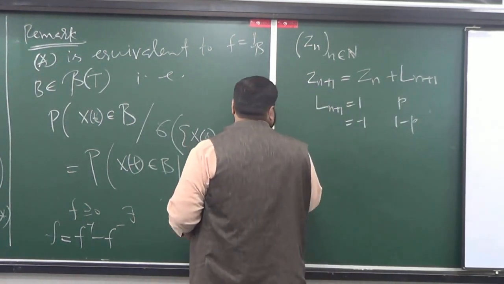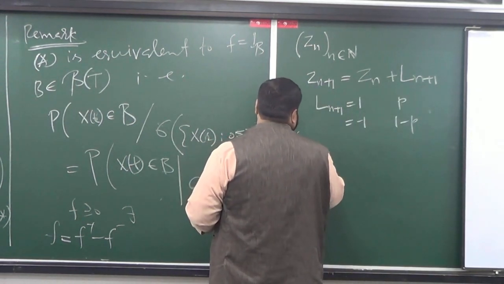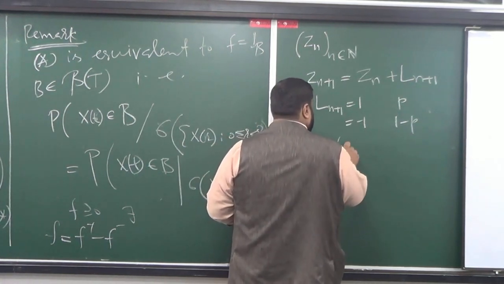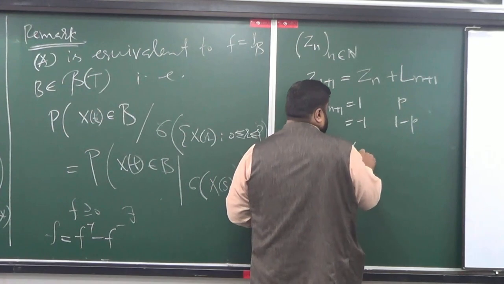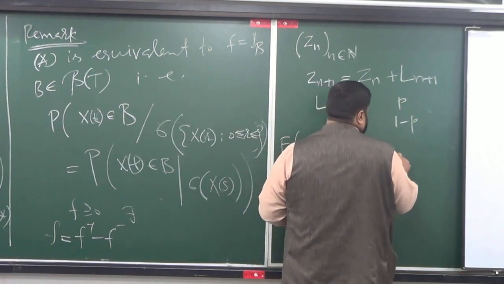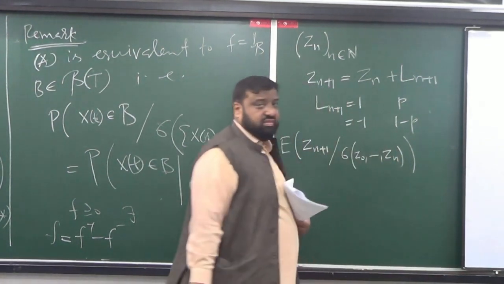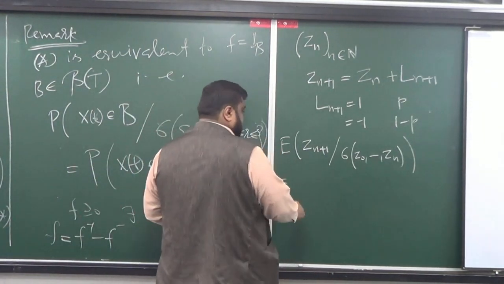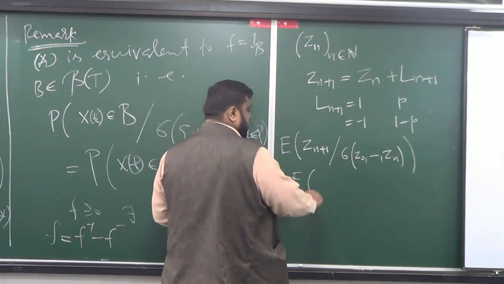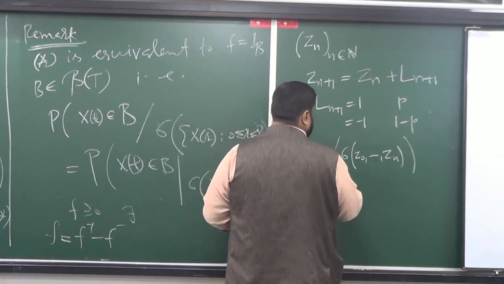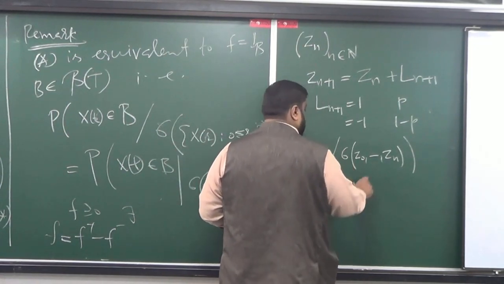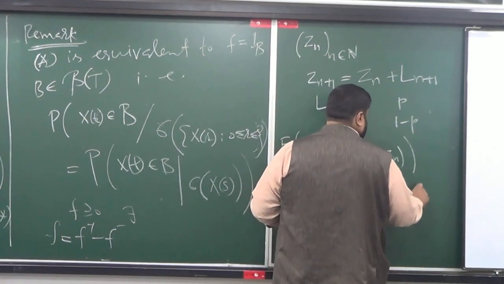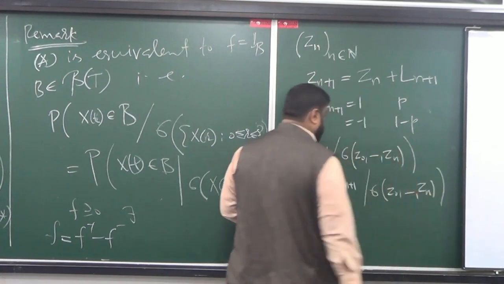So what would be the expectation? Let's start with a very simple thing: the expectation of Z_{n+1} given the sigma field generated by Z_0 up to Z_n. Then this would be the same as the expectation of Z_n plus L_{n+1} given the sigma field generated by Z_0 to Z_n.